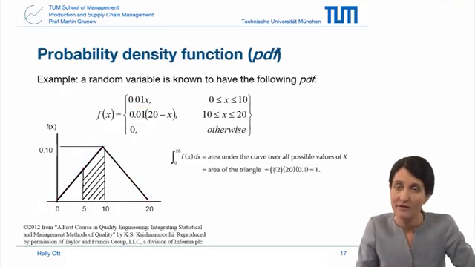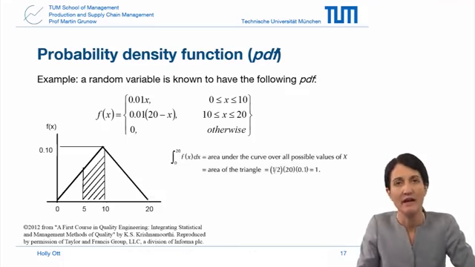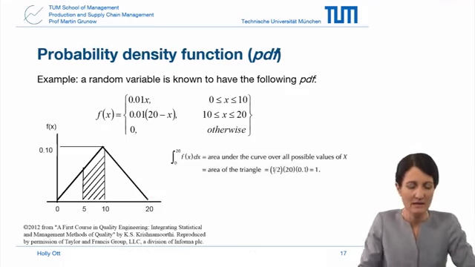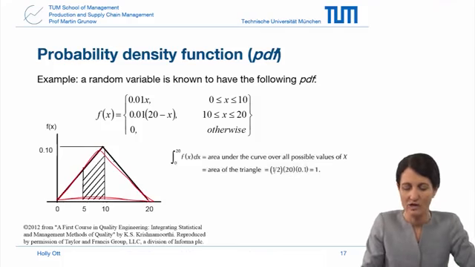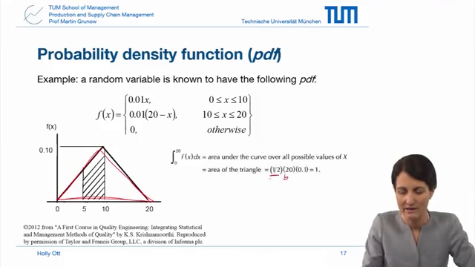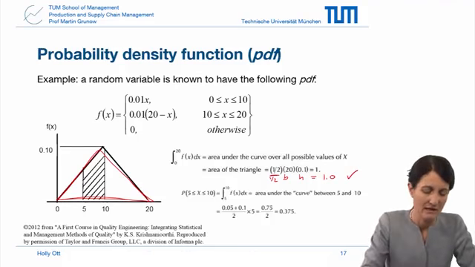So the integral of f of x dx from 0 to 20 is going to be the area under the curve over all possible values of x. And this, in this example, is just the area of this triangle here. And so we have 1/2 times the base times the height. And if you put in our numbers there, we get that to be exactly equal to 1. Say we're also interested in the probability that our random variable lies between the values 5 and 10.